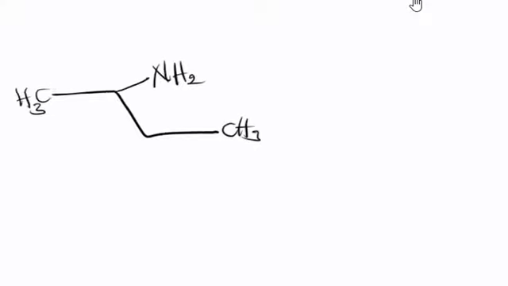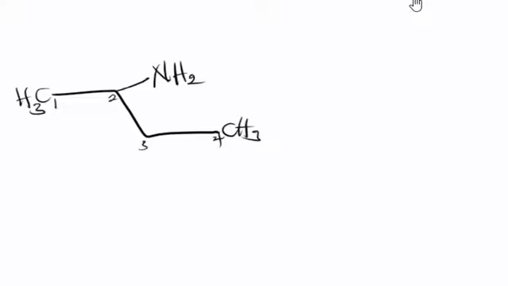But if I number this from here, 1, 2, 3, and 4, now my amino group will be at carbon 2. So I want to number it in a way that my amino group will have the lowest possible number, which is here at carbon 2.